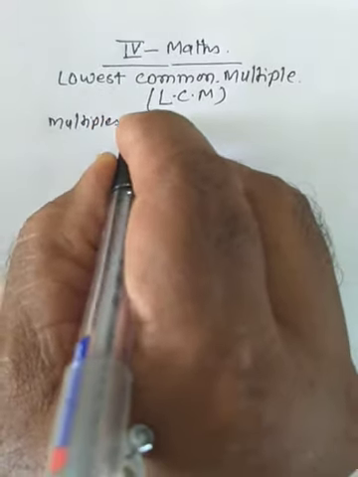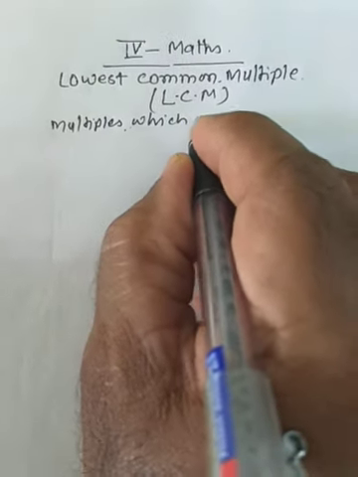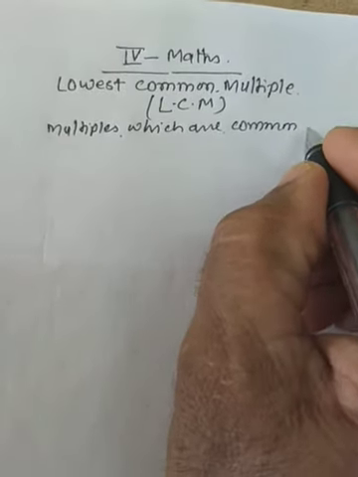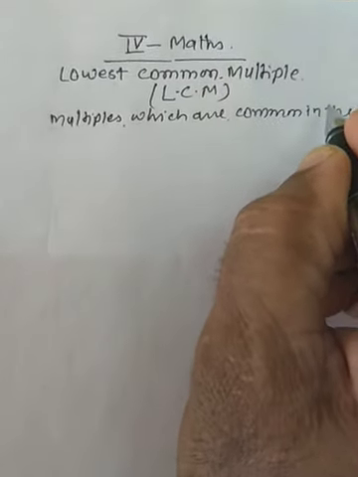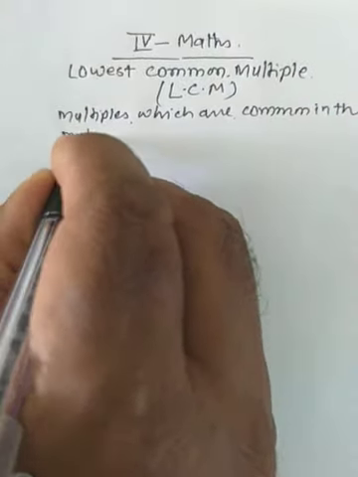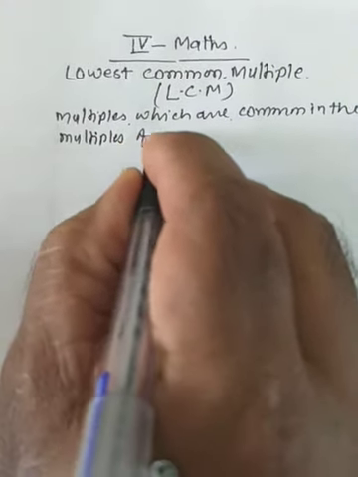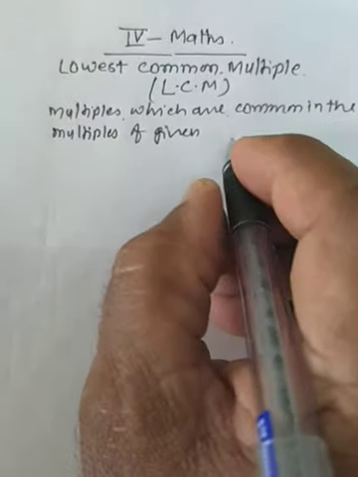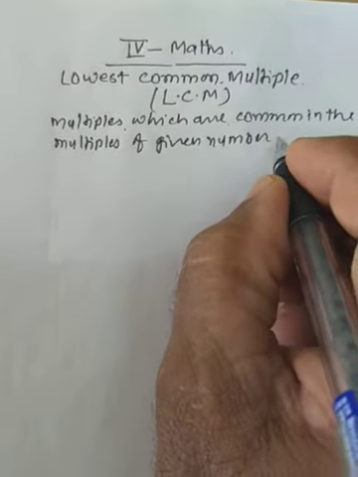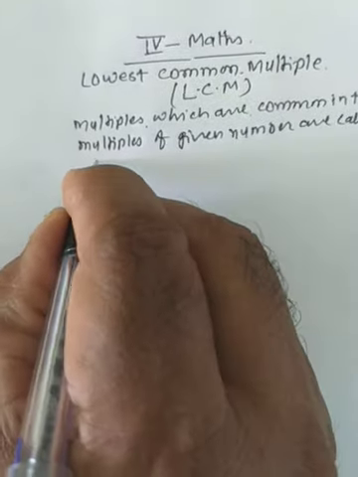Multiples which are common in the multiples of given numbers are called common multiples.